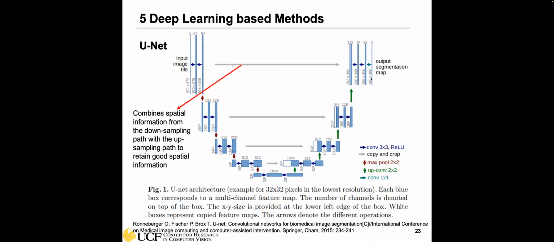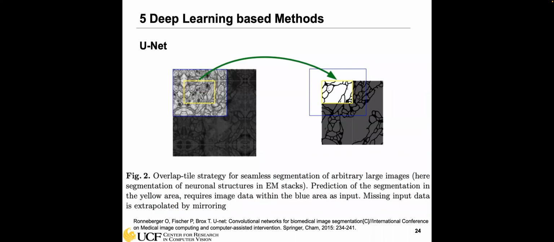As we mentioned, the segmentation map should have the same resolution as the input. So here what they do is the input is actually this blue tile, this blue box highlighted tile, and the target segmentation region is this yellow box, the center, a smaller region.